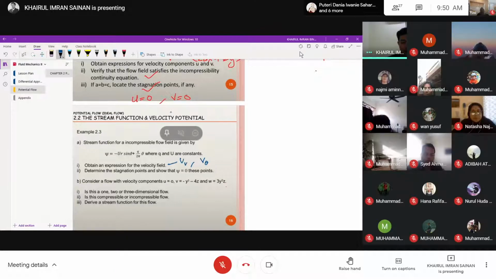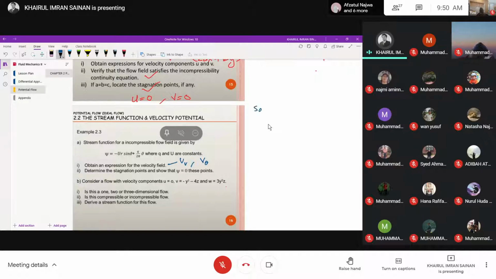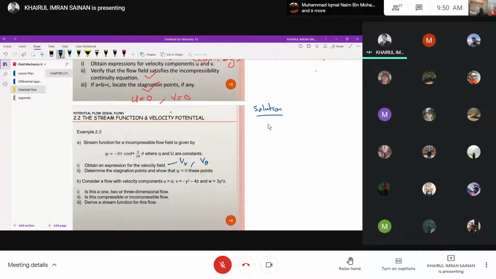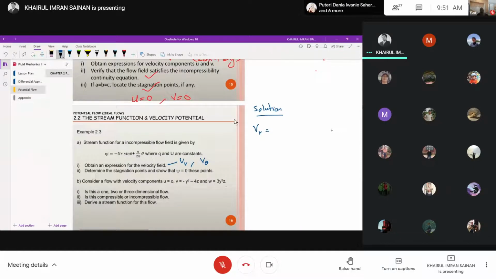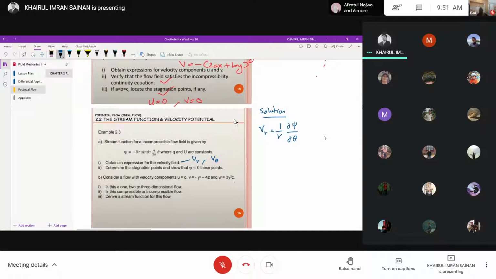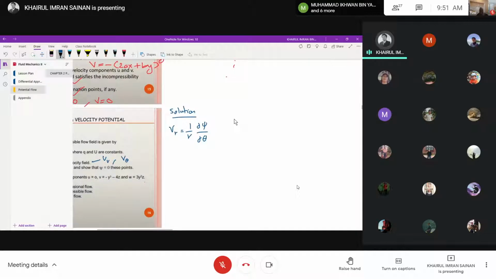So from psi equals to negative ur sine theta plus q divided by 2 pi theta, first we determine vr. Take a look at the equation: vr is 1 over r del psi over del theta, and v theta is negative del psi over del r. So vr equals 1 over r del over del theta of negative ur sine theta plus q divided by 2 pi theta.